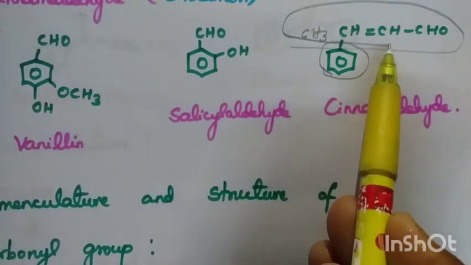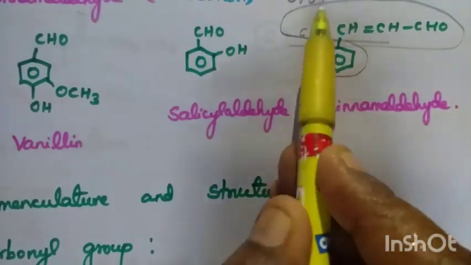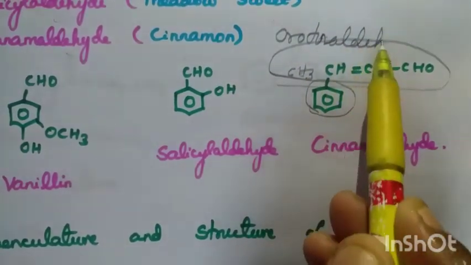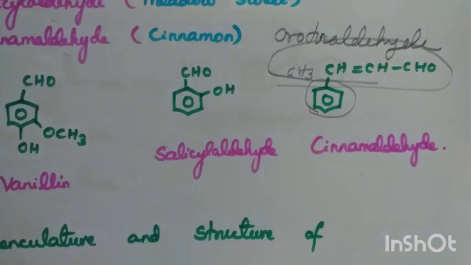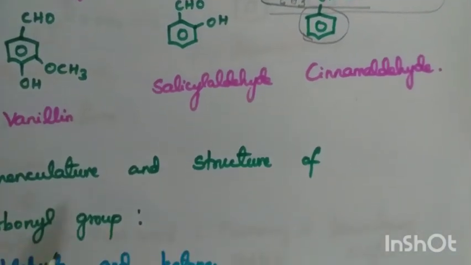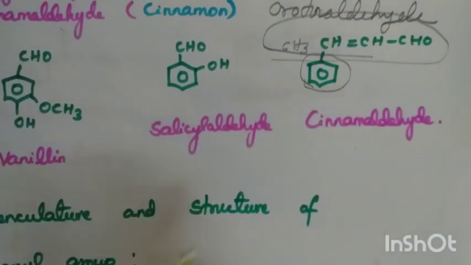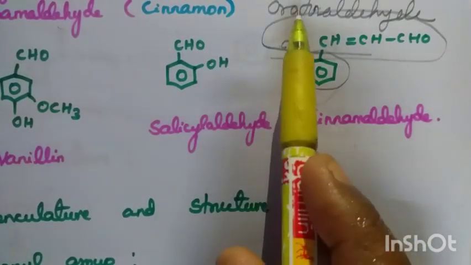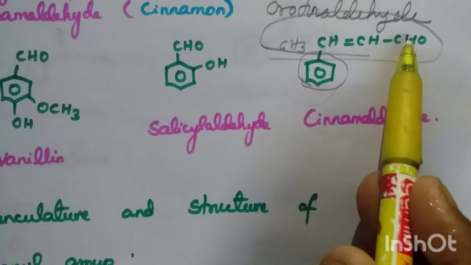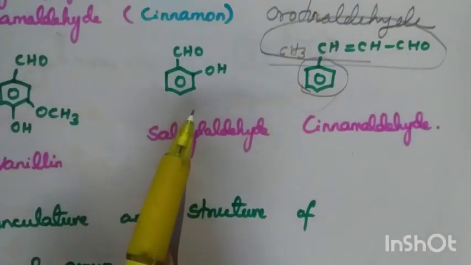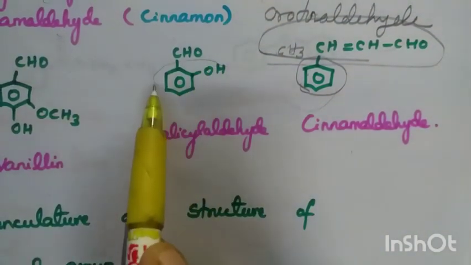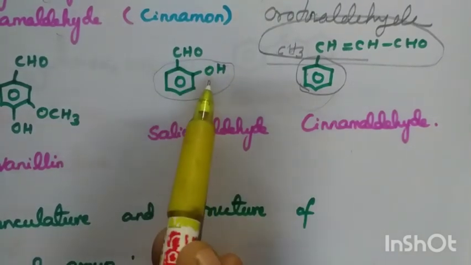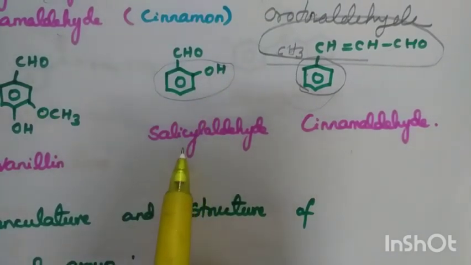If the benzene ring has only an OH group, it is called phenol. Both CHO and OH groups means it is called salicylaldehyde.